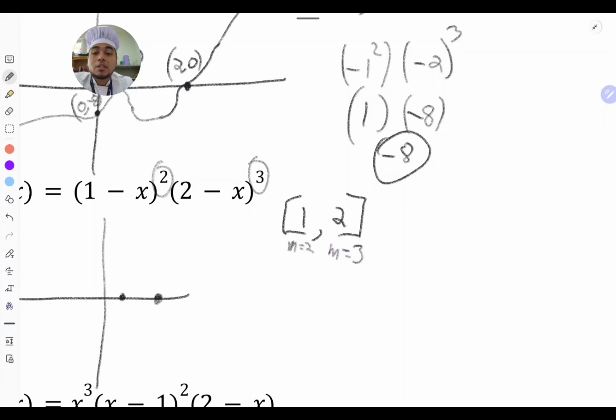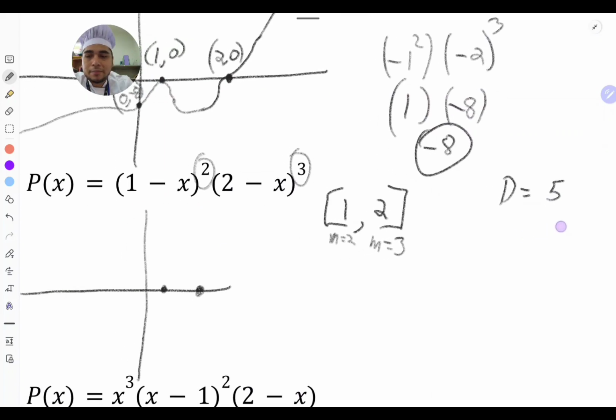Okay? So, with that being said, the total degree must be equal to 5, right? What is our a value? Our a value is positive for now, because we don't know anything else. But we have to make sure it's positive, because sometimes it's a hidden negative.